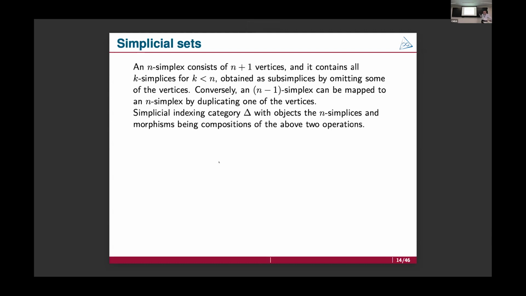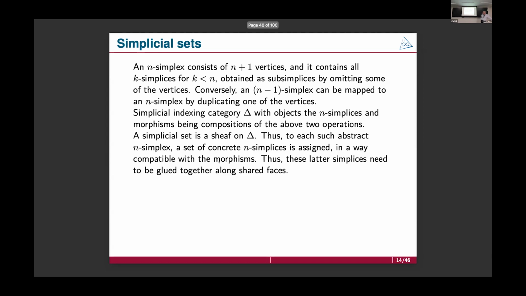And so then, in categories, you have the simplicial index category, you have that base simplex, and then when you have a triangulation of a manifold, you assign to every subsimplex of delta the corresponding ones in your triangulation. And so a simplicial set is then also considered as a sheaf on that simplicial indexing category.